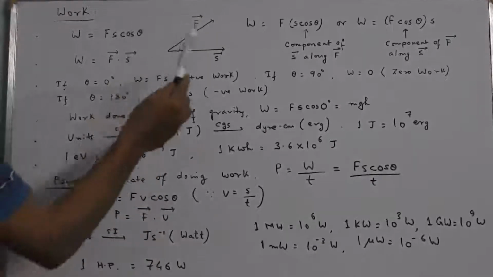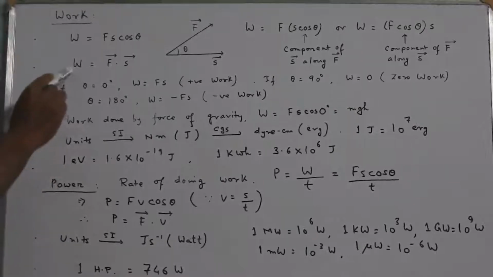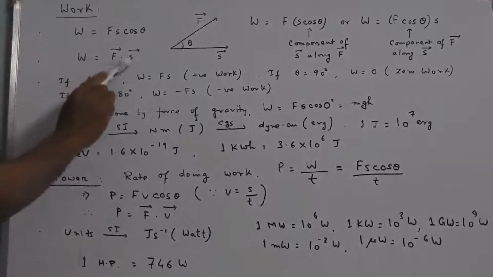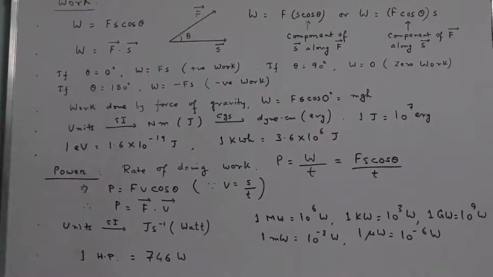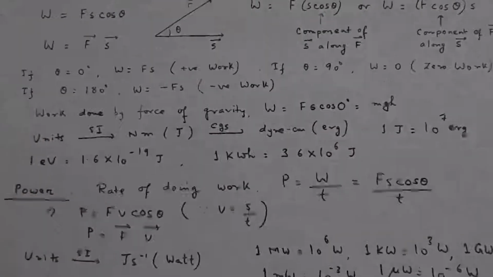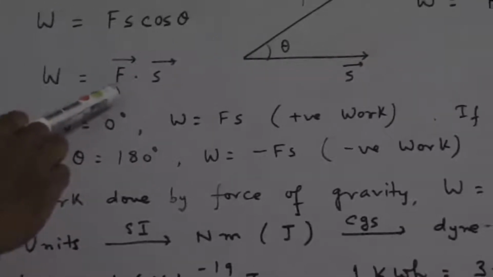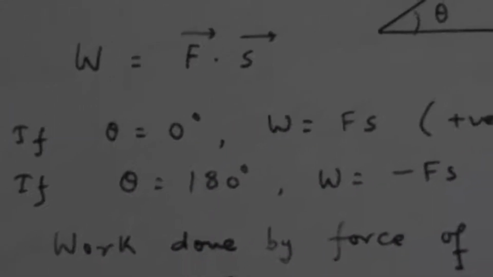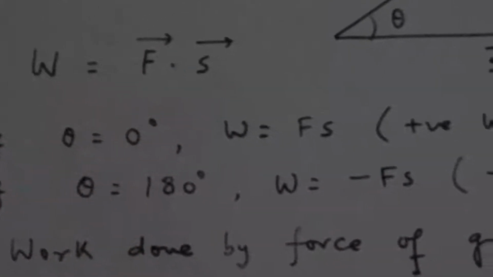Hence, we can also write work as the dot product of force and displacement vector. So, what is the dot product of force and displacement vector? In vector algebra, there are two types of products. One is called the dot product, another is called the cross product. So, whenever we try to express a scalar quantity in terms of the dot product of two vector quantities, then precisely we get work as the dot product of force and displacement vector.